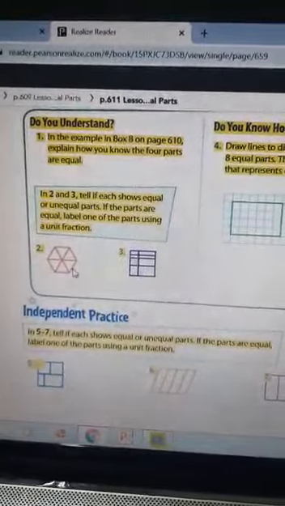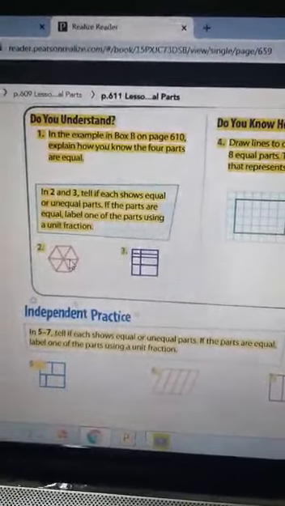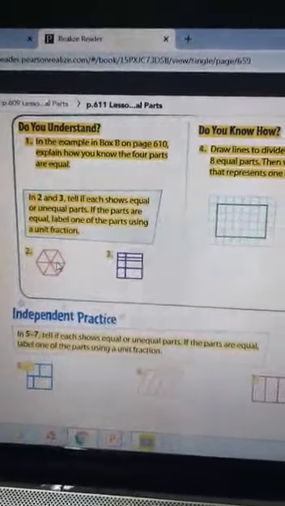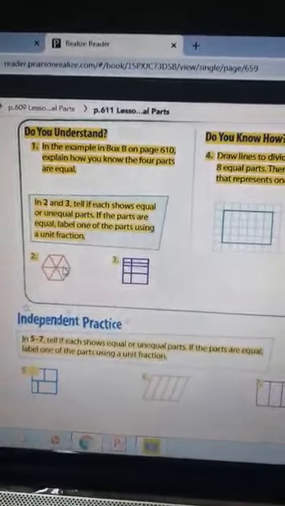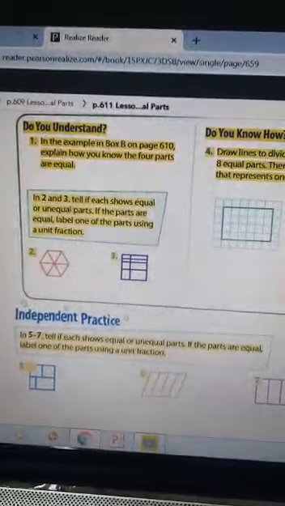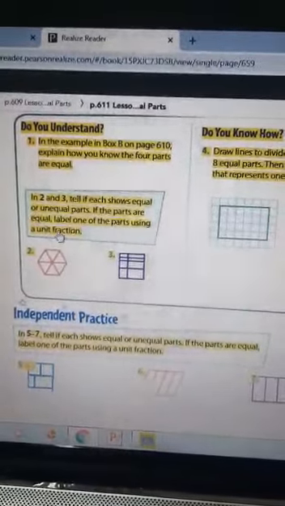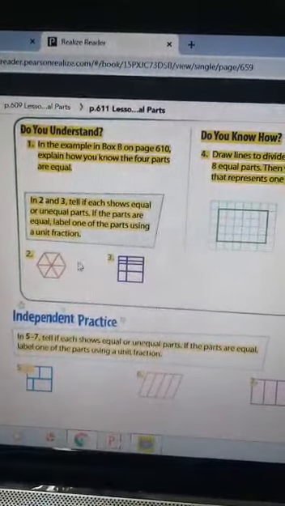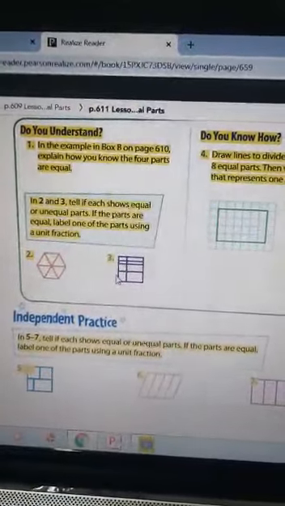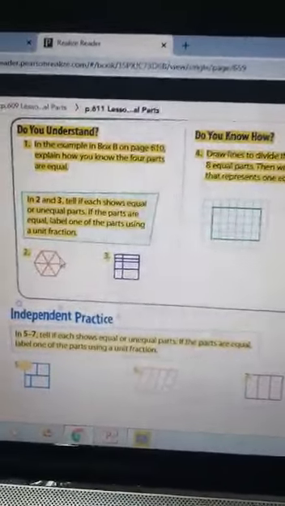In each shape, you will tell me the unit fraction, 1 of 3, 1 of 4, 1 of 5, 1 of 6, whatever. You will count and write. But first, you check if they are equal. If they are unequal, you will not write anything, it's wrong. You will check only the equal.